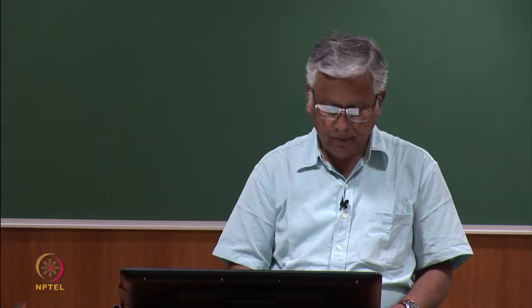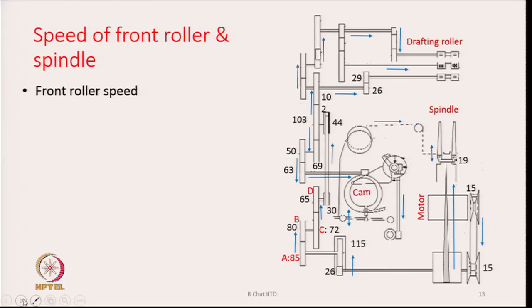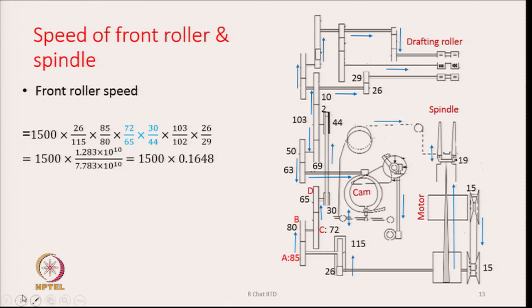Now, if you are interested to know the spindle speed or front roller speed, then we have to start from the motor. We must know the speed of the motor, and we have to start from the motor pulley and go. Because the motor is driving all the sets of gears and the speed is reaching the drafting rolls.